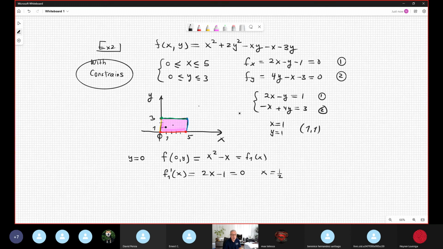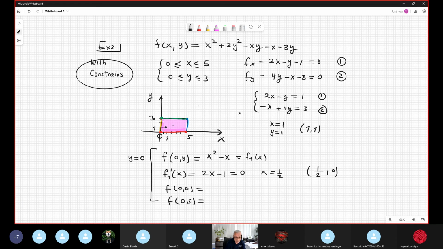Suppose here, 1/2. We have another potential point, which actually is (1/2, 0). And also, you take advantage to evaluate the function at the endpoints, which are (0, 0) and (5, 0).